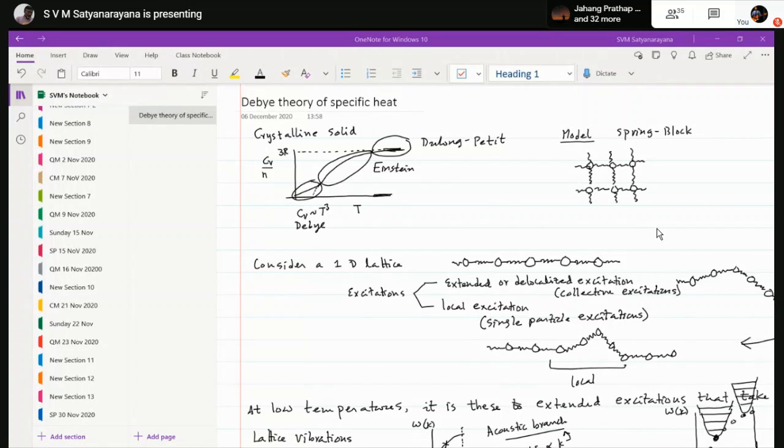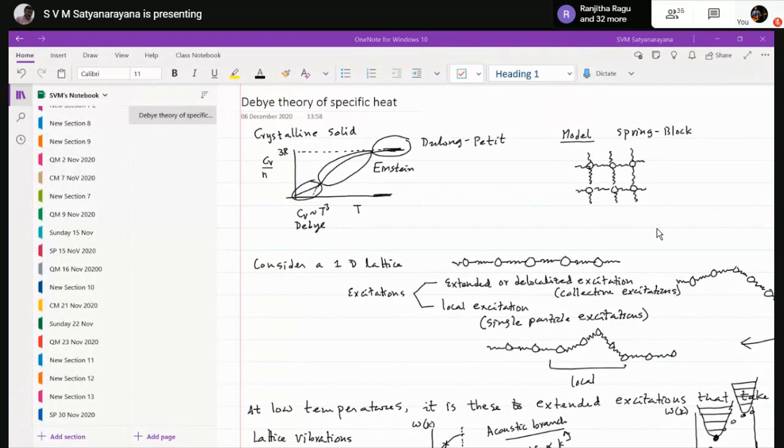From the next class, we will go to Fermi statistics, Fermi-Dirac statistics, and we will essentially do I think 4 or 5 calculations. First, we will talk about electrons in metals, and then look at specific heat of electrons in metals.